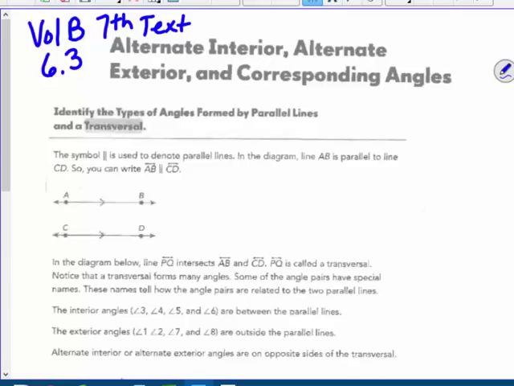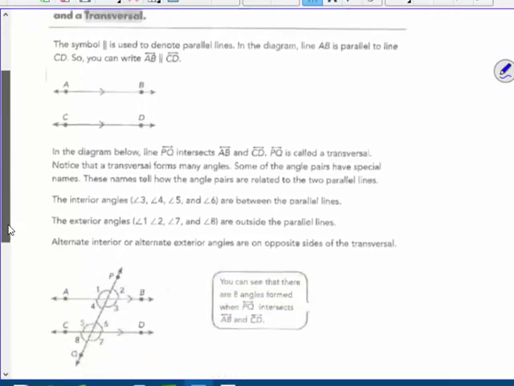The symbol that looks like two long L's is used to denote parallel lines. In the diagram below, line AB is parallel to line CD, so you can write line AB is parallel to line CD.